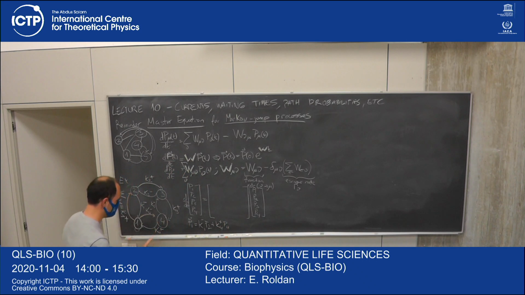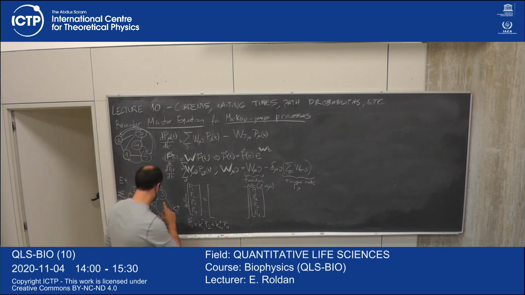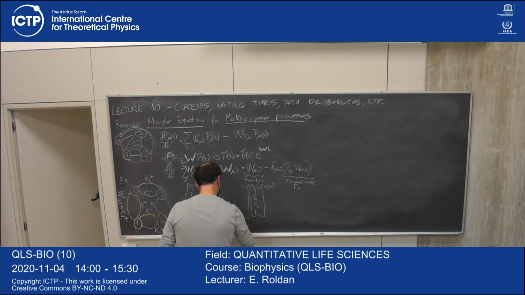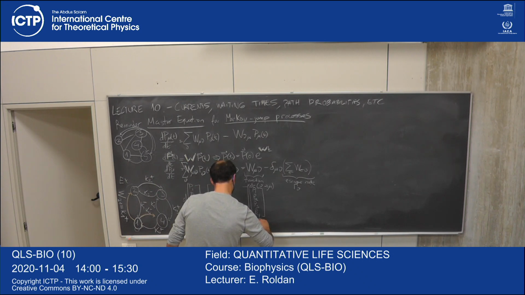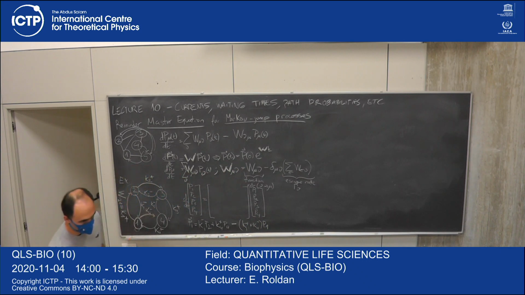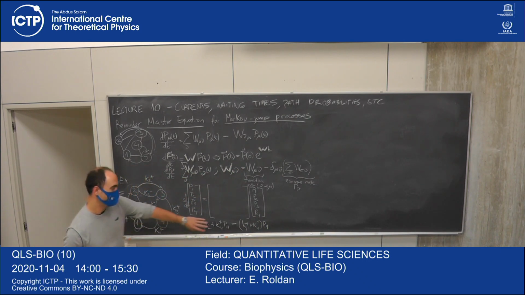But you have losses. You can lose probability from 1. You lose with this rate, K1 plus, and with this rate, K4 minus. Minus, this is a loss term, K1 plus K4 minus P1. Okay? So there is this loss term.